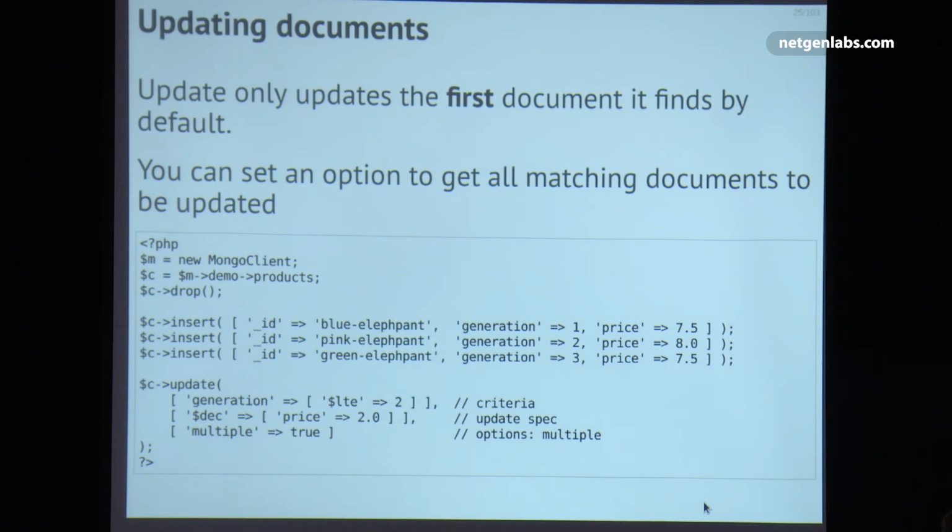So you cannot do UPDATE table SET password to new password, forget your where clause, and then have to reset everybody's password, which has happened before. So you have to tell it that you are okay with it updating more than one document. It's a little idiosyncrasy of how the server works.